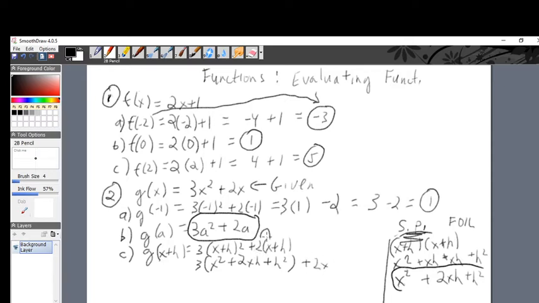Distribute the 2 across the parentheses, 2 times x and 2 times h, plus 2h. Okay, what about 3 times this, 3 times this, and 3 times this? This becomes 3x squared plus 3 times 2xh is 6xh plus 3 times h squared is 3h squared, plus 2x plus 2h.